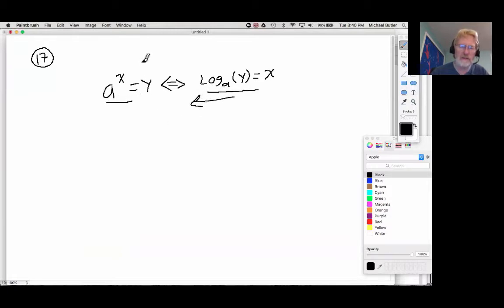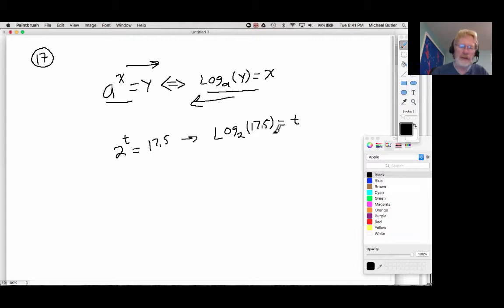If you're given this, you can go that way with it, all right? So for example, if I had 2 to the t was equal to 17.5, right? Then that would tell me what? Well, it would tell me that logarithm base 2 that gets me 17.5 is equal to t.